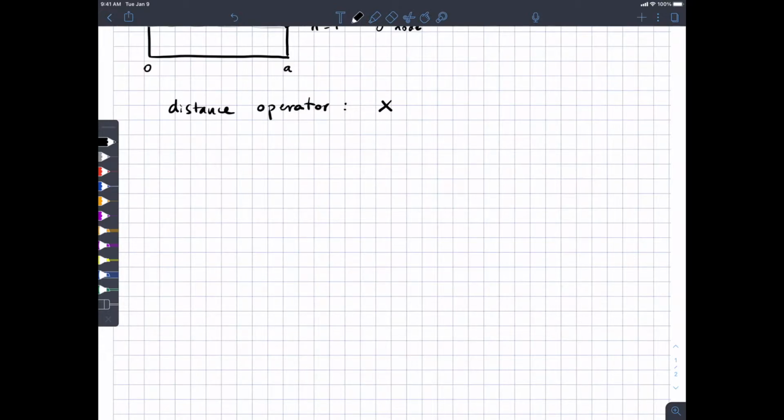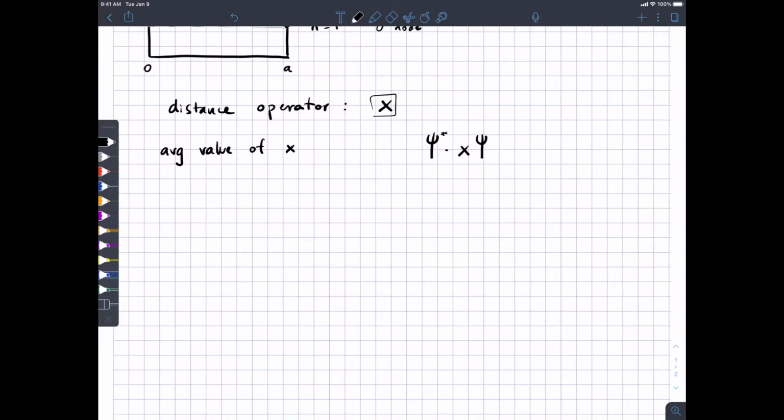So in order to determine the average value of x in the wave function, we would take the wave function complex conjugate times the operator applied to the wave function. Now remember, an operator is a function that you can apply to another function.